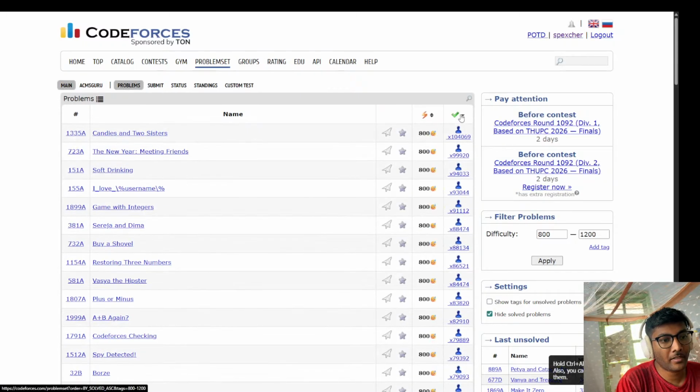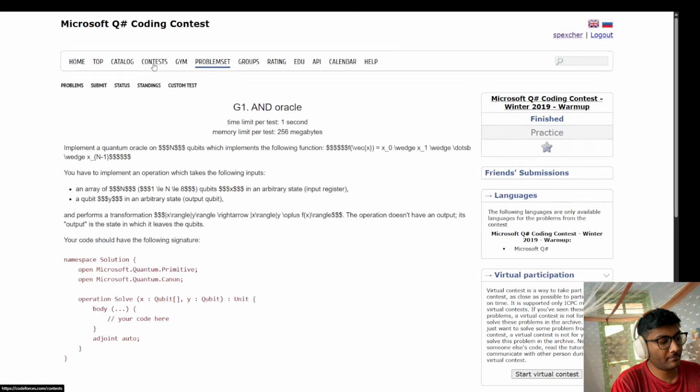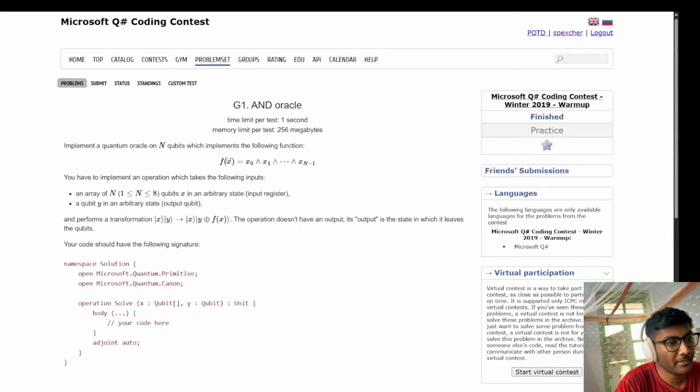Let's solve this problem, Oracle. So this is the first question. You can try this question by the way. Implement a quantum oracle of n qubits, which implements the following function.